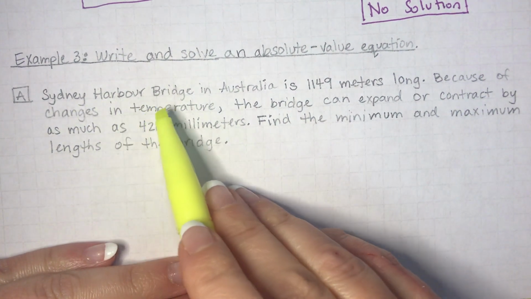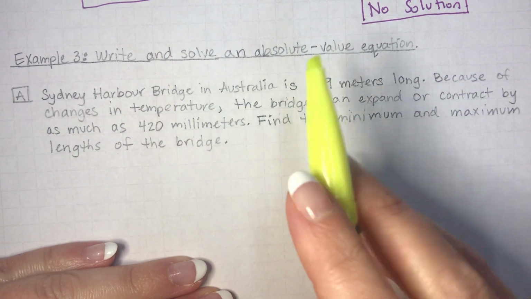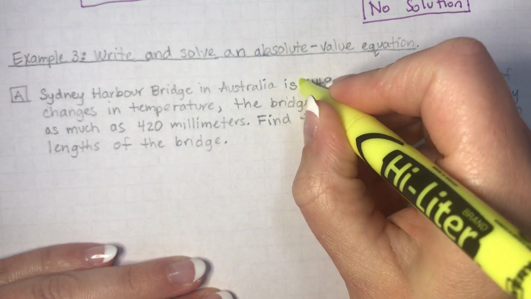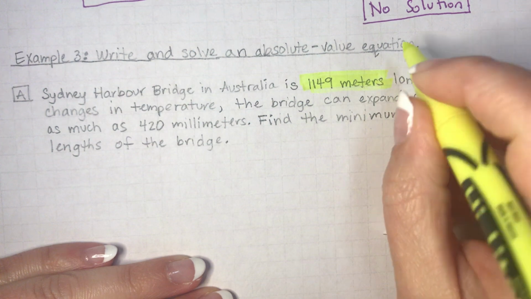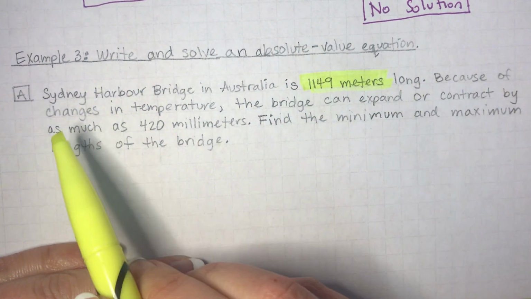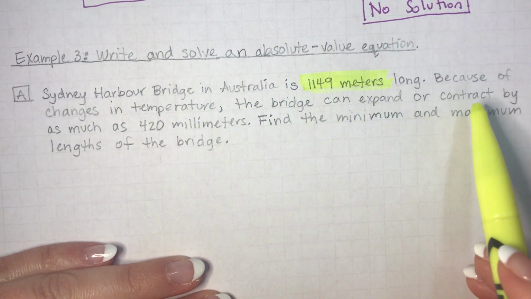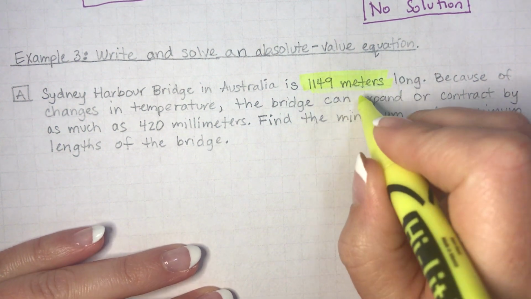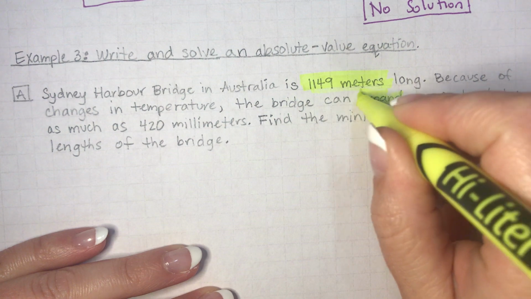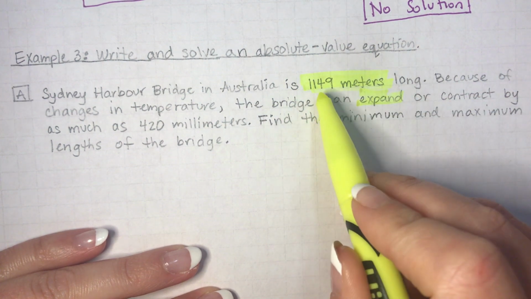It says Sydney Harbour Bridge is in Australia, the bridge is 1,149 meters long. Okay, because of the change in temperature, the bridge can expand or contract. So what that means is that the bridge's length changes. It's not always 1,149.